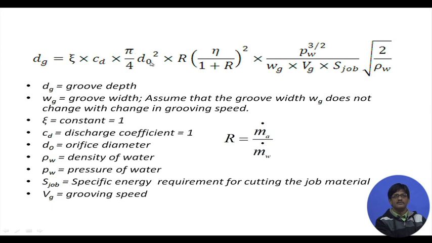Then pi by 4 d square is the cross sectional area. So, this is a well known expression that we have come across, but these are the newcomers. How are they coming in?